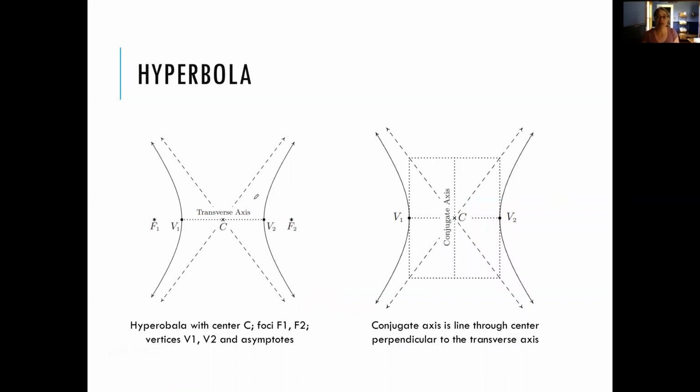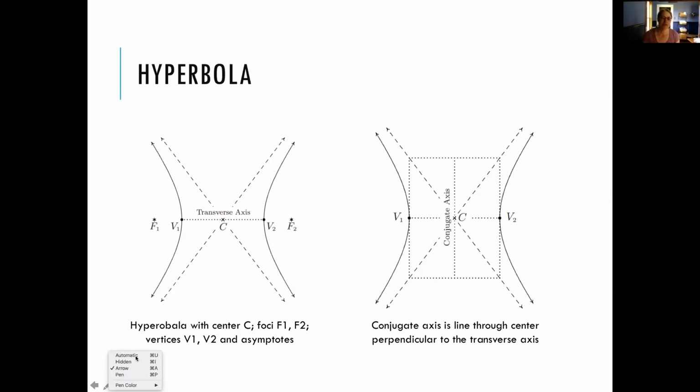With a hyperbola, the vertices are between the focus points and the center. The axis that goes through those vertices and therefore through the focus points is called the transverse axis. There is another axis that is perpendicular to that axis, also through the center, and we call that the conjugate axis.